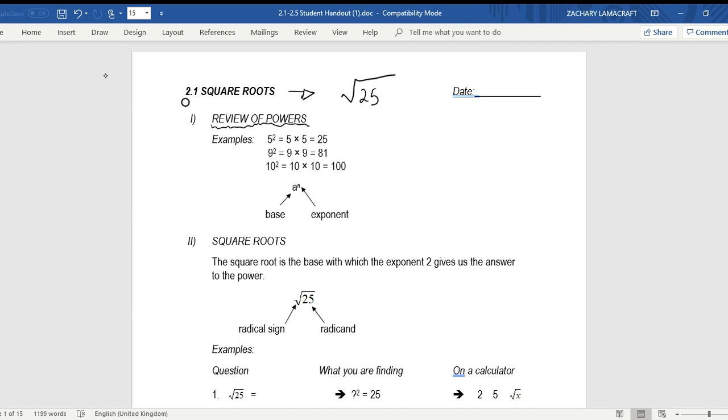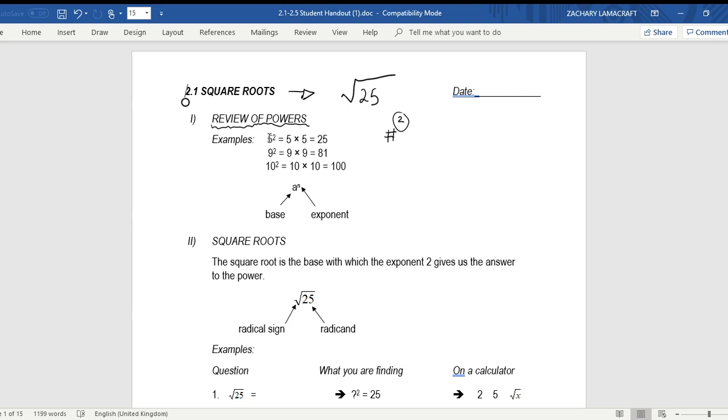So powers are when we have a number and we've got something up top. So powers are basically exponents, but when we refer to it as to the power of, usually 2 in this case.